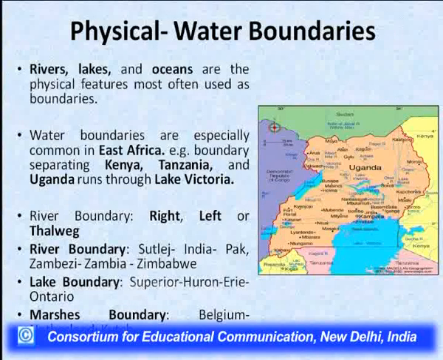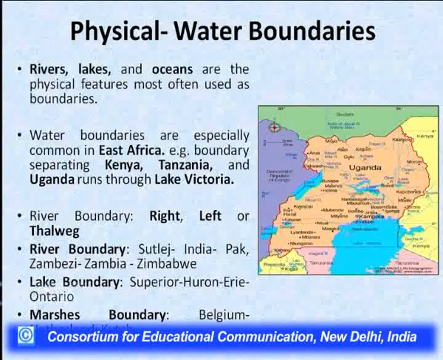But the question is where this boundary line should be, because there is a division of the river, or where the median line should be. Either it should be the left side of the river, the right side of the river, or there should be a Thalweg principle, which is the median line in the deepest part of the river, or it should be somewhere else.